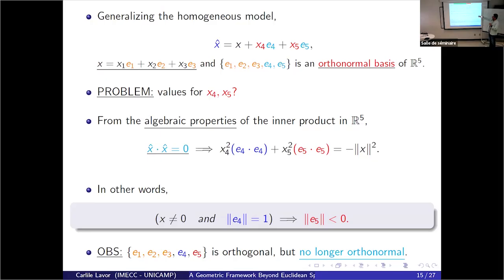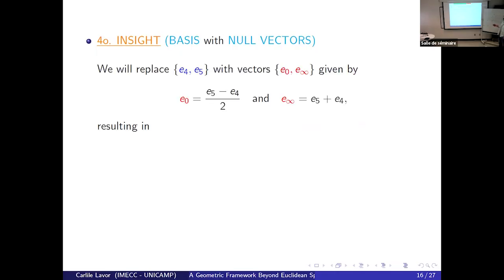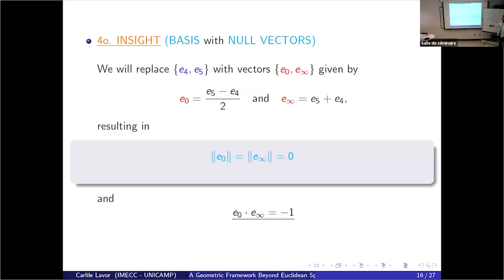So I will change the basis in order to have two vectors with 0 norm. This is probably very easy to solve. There are many ways to represent this. This is a possible way, yeah. So I have E4 and E5, and I define other vectors E0 and E infinity, and doing the calculation, they have 0 norm, and I put 2 here just to obtain this -1.